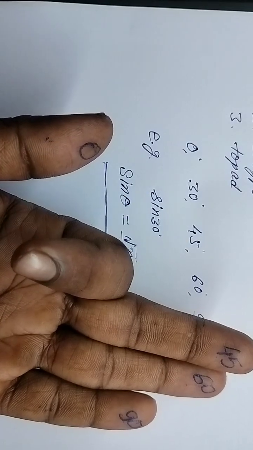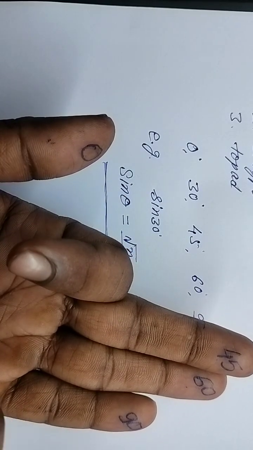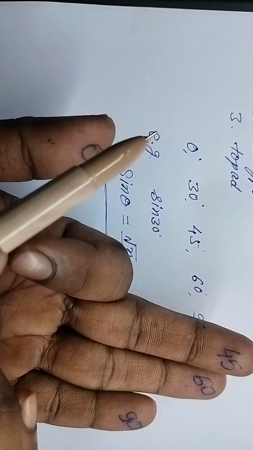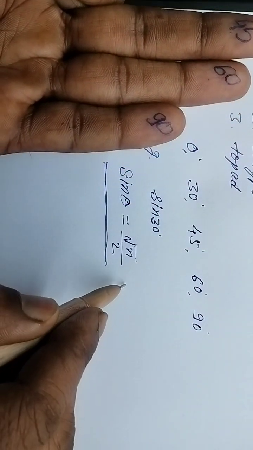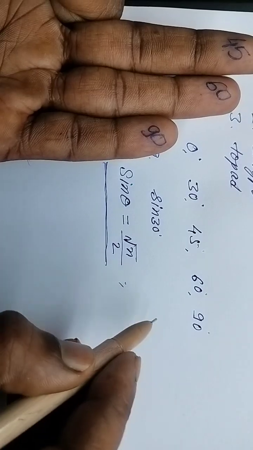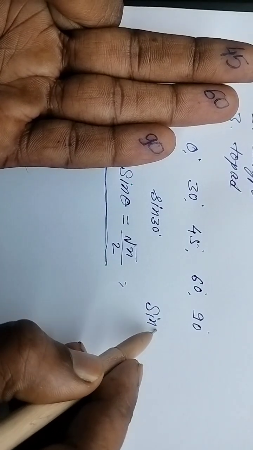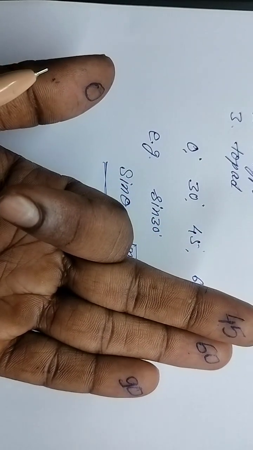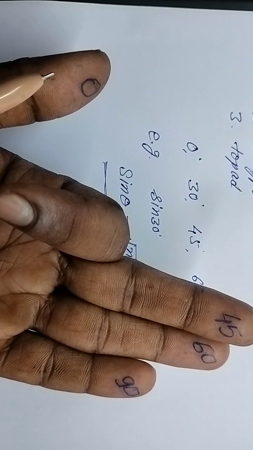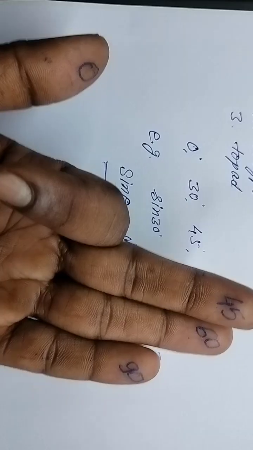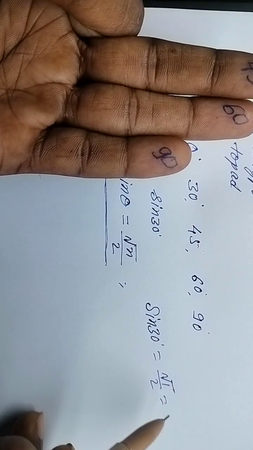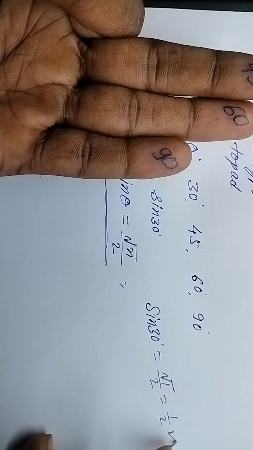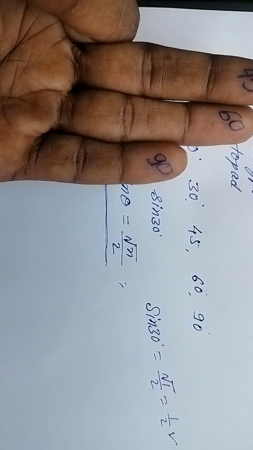That means the fingers on the left side will be considered as the value of n. Then what will be the value of sin 30? Sin 30 degree, the value of n is equal to 1. That means under root 1 by 2 is equal to 1 by 2. This is the value of sin 30.